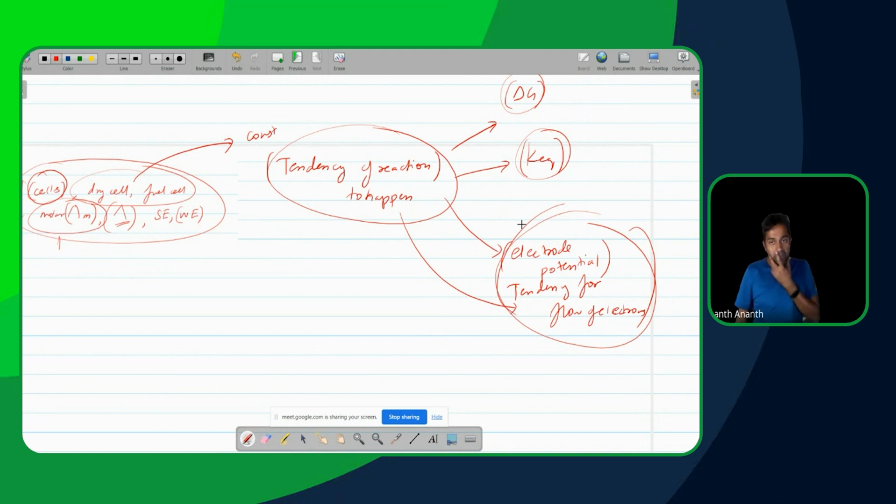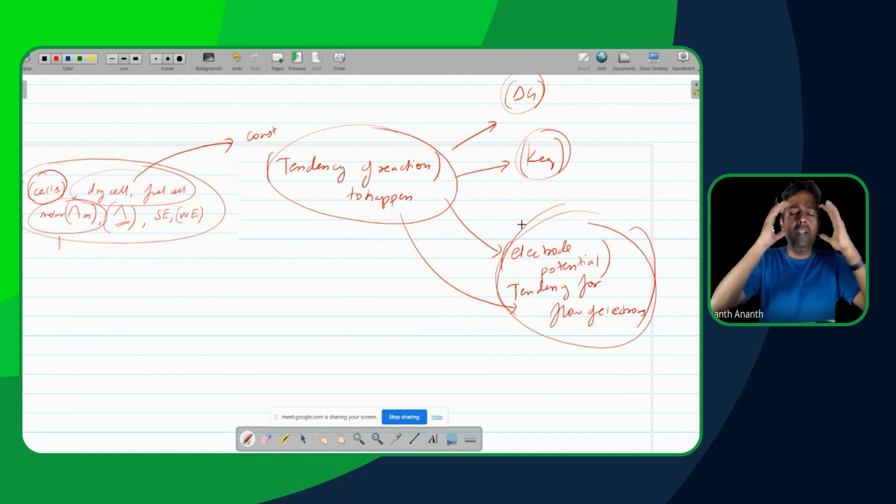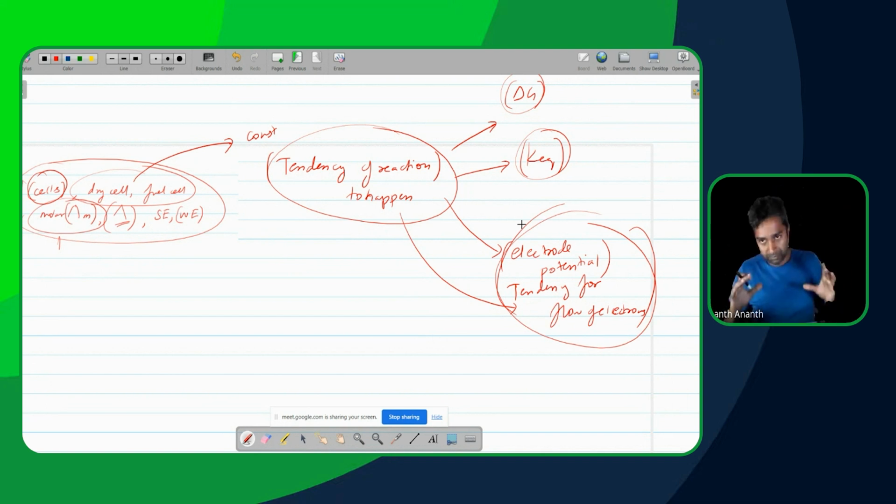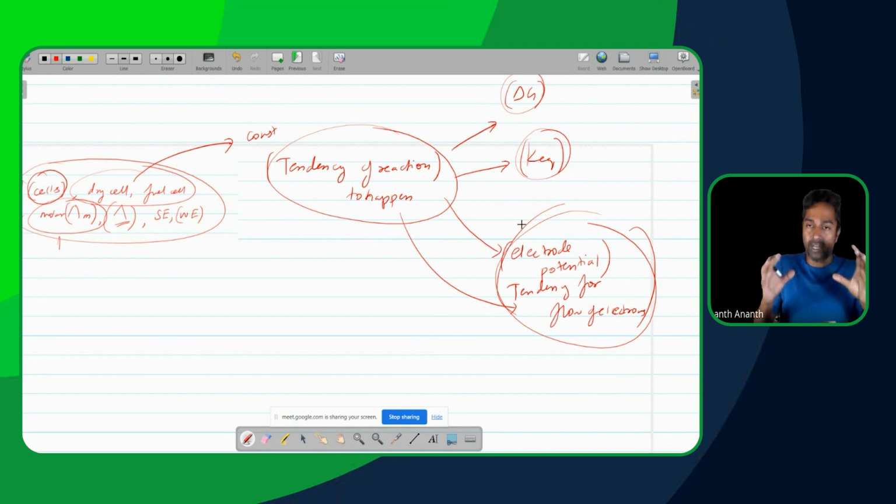Yes. So effectively, what we are trying to study is a chemical reaction. So I want to understand the tendency for a chemical reaction to happen. How do I understand that?